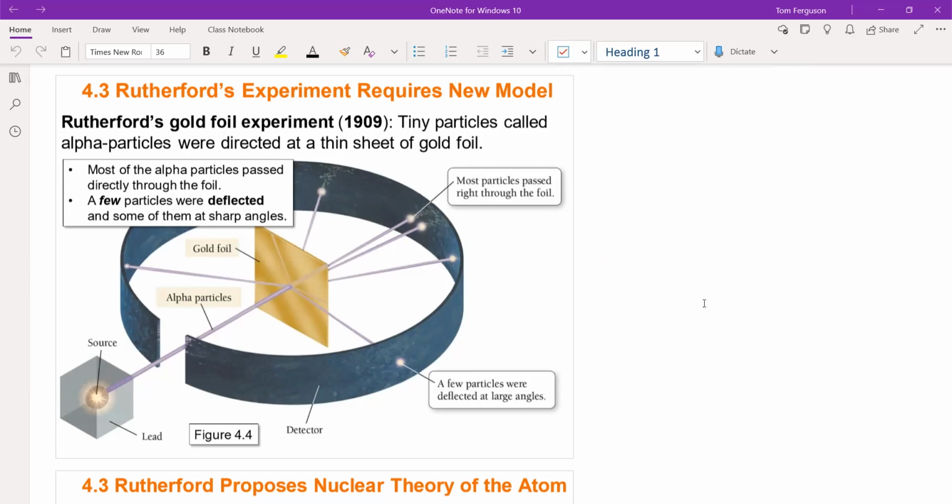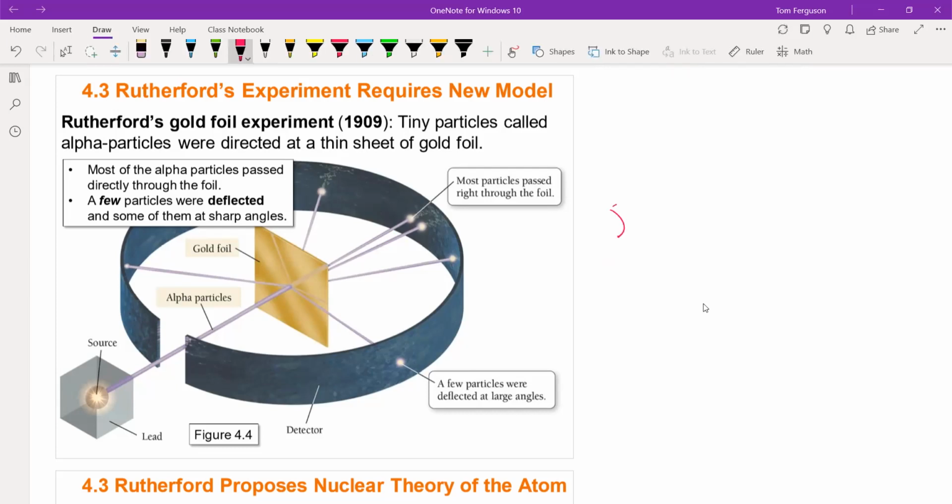And the plum pudding model, if you were to, if we took a real cheap rifle and we were going to shoot into a billiard ball, what would the bullets, now the bullets are cheap.